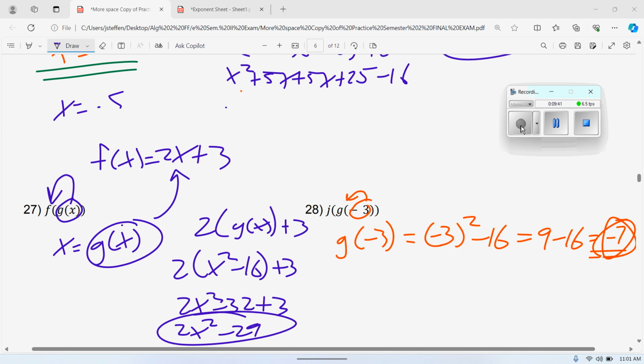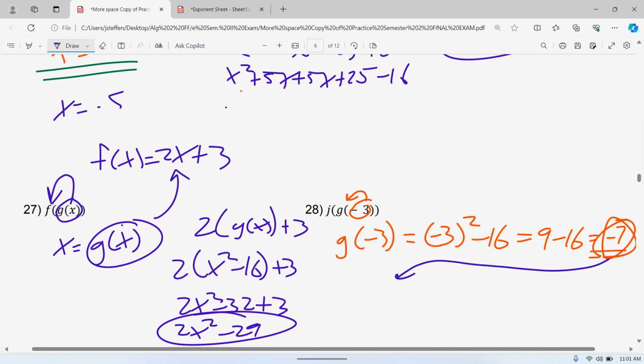All right, sorry, apparently I selected white as a color. So this should be j, yes. So my j of -7. My j equation is just x plus 6. So it is -7 plus 6 is -1. So that answer is -1 for that one.